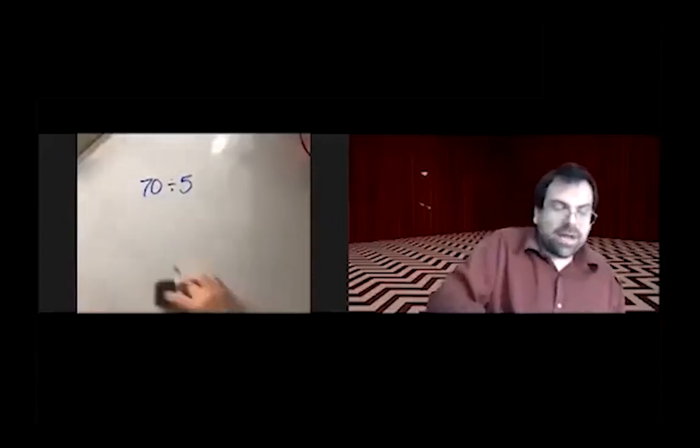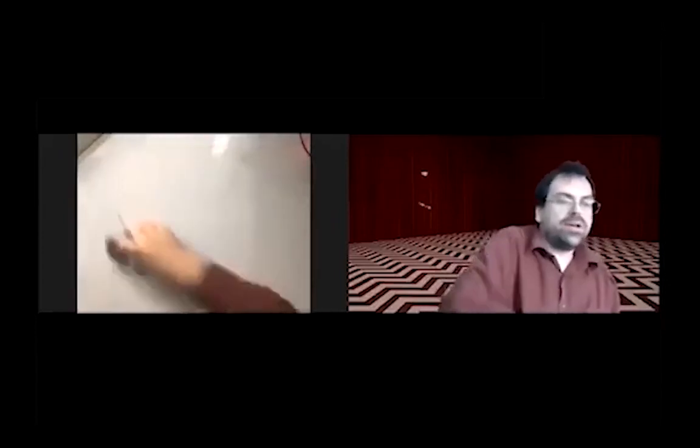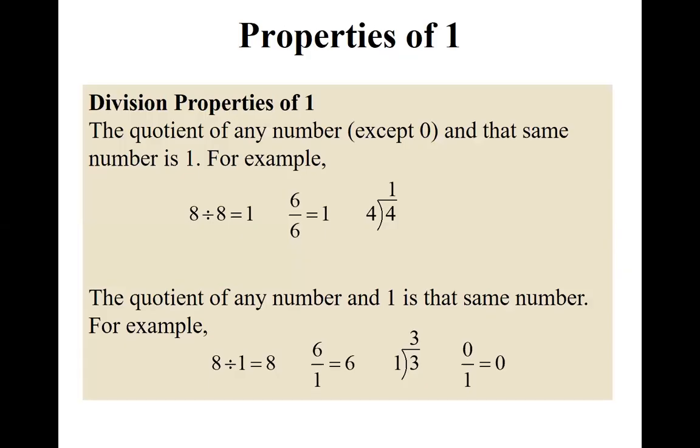Before we get into remainders, let's look at some quick rules. We have some special division properties for the number 1, namely any number divided by itself equals 1. So 8 divided by 8 equals 1, 6 divided by 6 equals 1, and 4 divided by 4 equals 1.